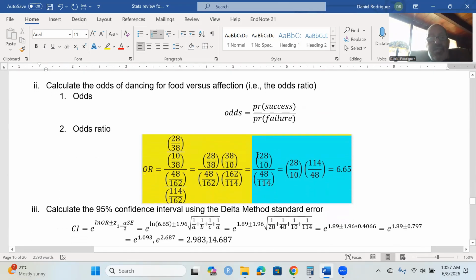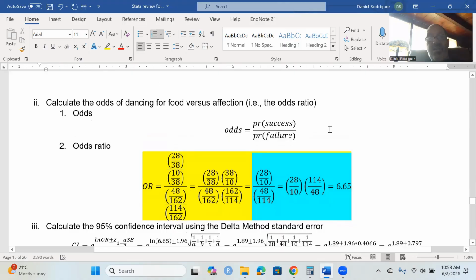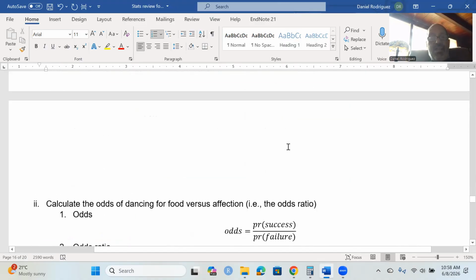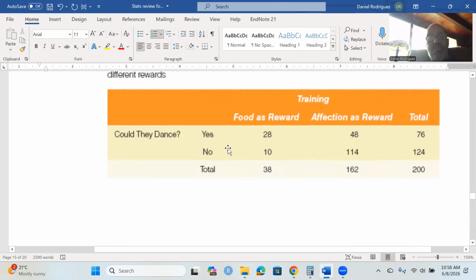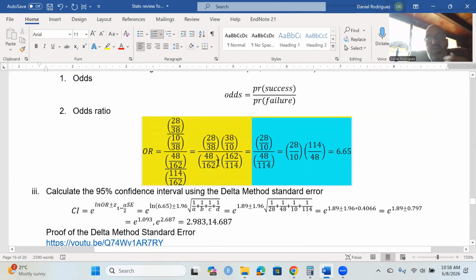With these tables, we can calculate odds ratios. Odds ratios are ratios of odds. Odds are the probability of success divided by the probability of failure. In this case, this was that cat dancing example. What are the odds for dancing for food versus dancing for reward? And that's what we do here. We just calculate it. It's a ratio of odds.